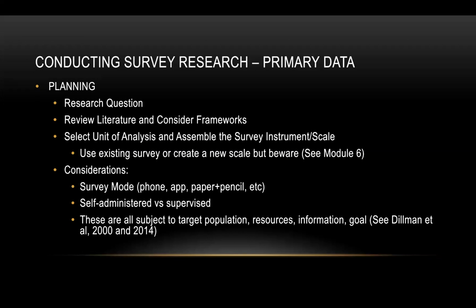So these are all the things that you need to really think about before you begin to engage in what you may think is a very simple process, because it does begin to get more complicated.